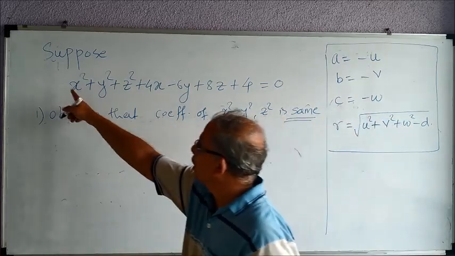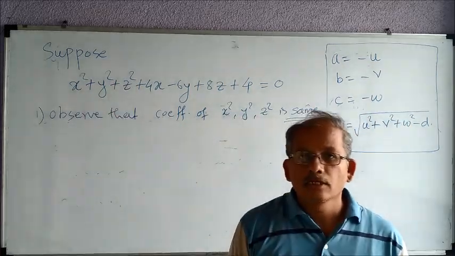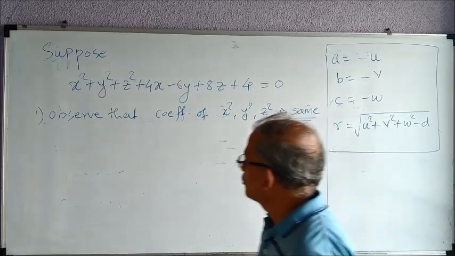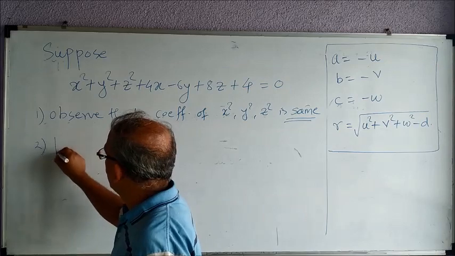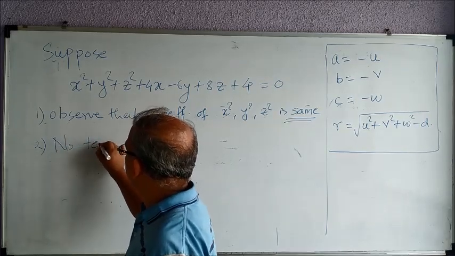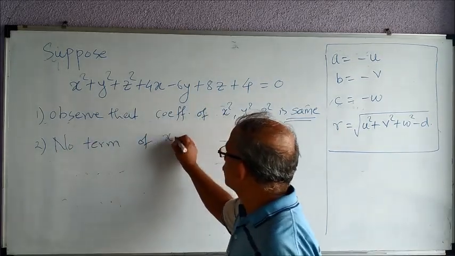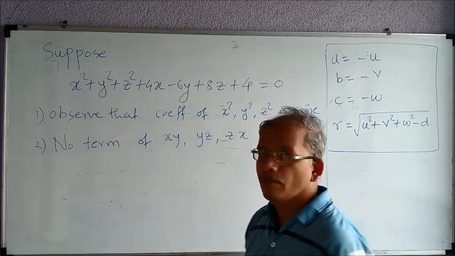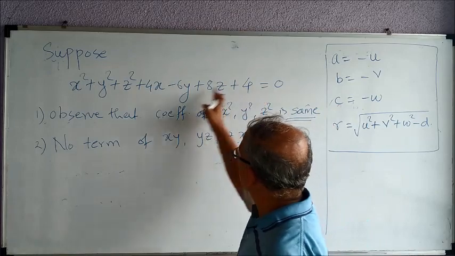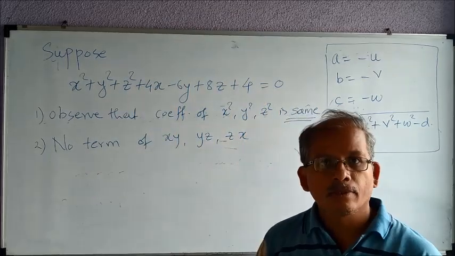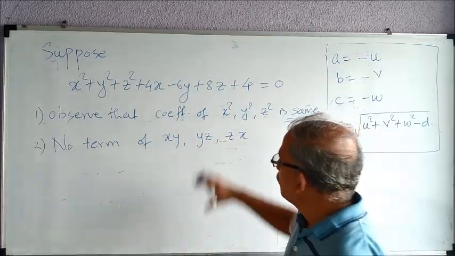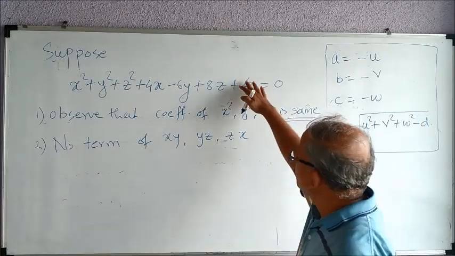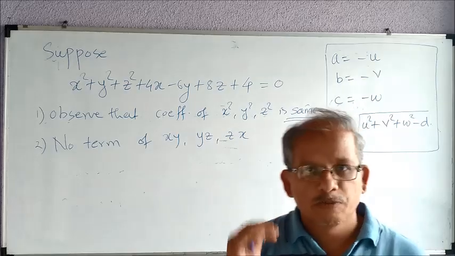Then there is no term of xy, yz and zx. See, in the equation there is no term of this kind. And therefore, if these two things are satisfied, we say that the given equation represents a sphere.